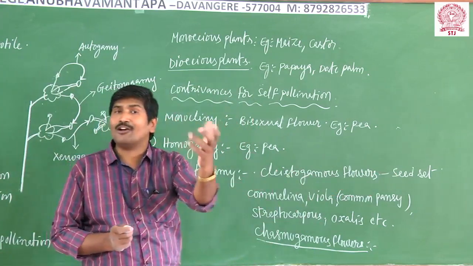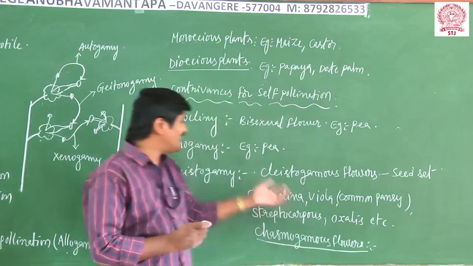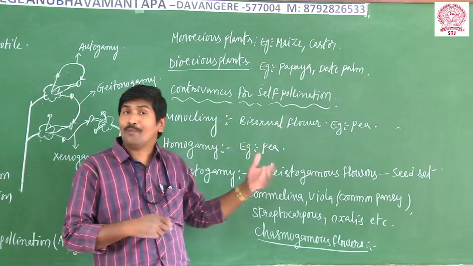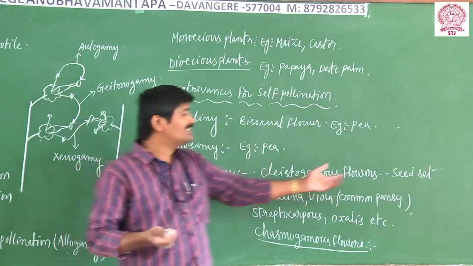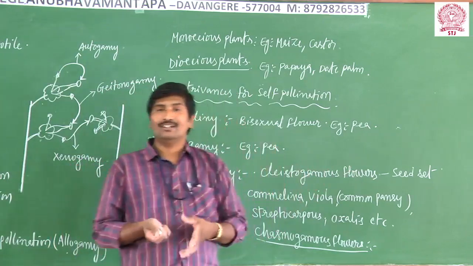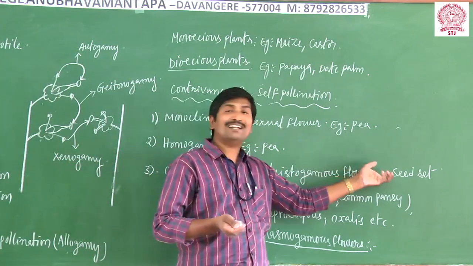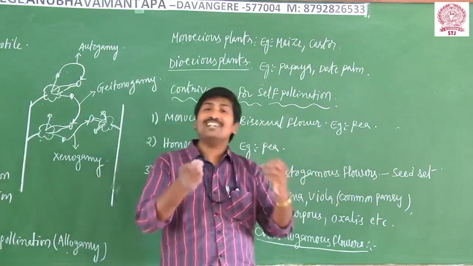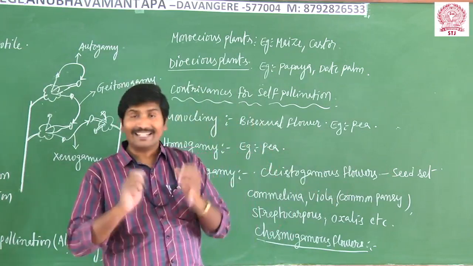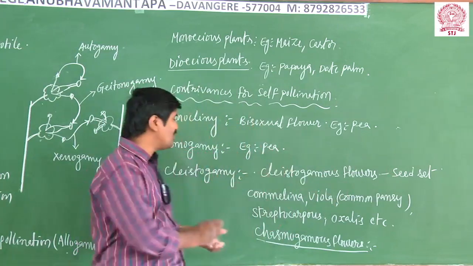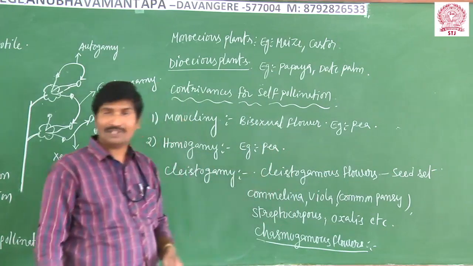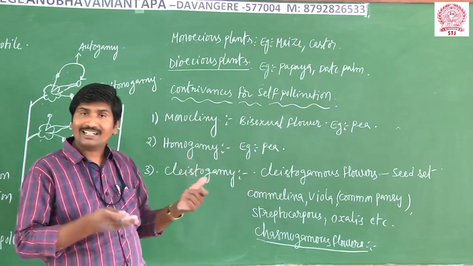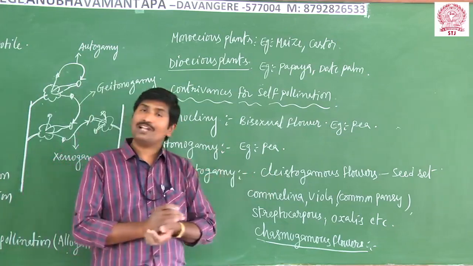The pollinators are not required because here the flower is always closed, and does not open at all. That's why the pollinators are not required. So the seed set is assured even in the absence of the pollinators. That is the main advantage of the cleistogamous flowers. These points are very important: advantage and disadvantage of the cleistogamous flowers.